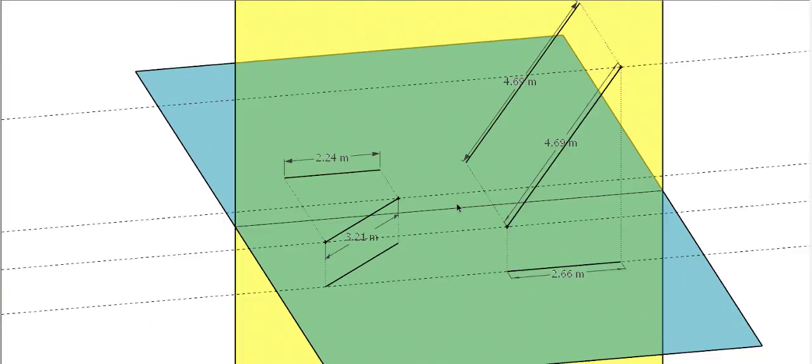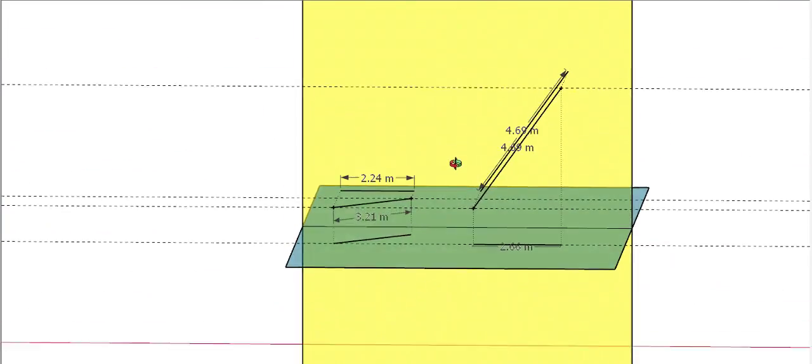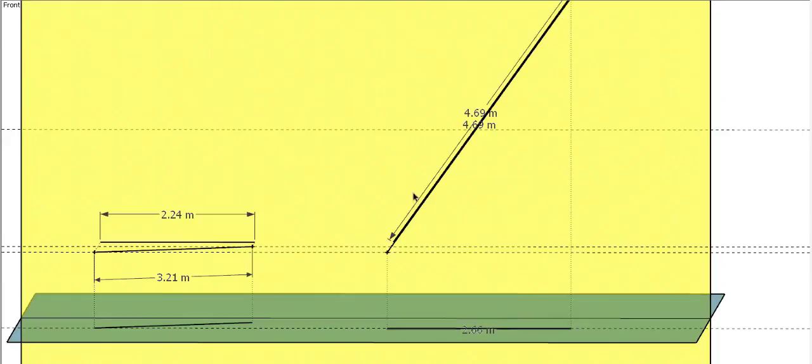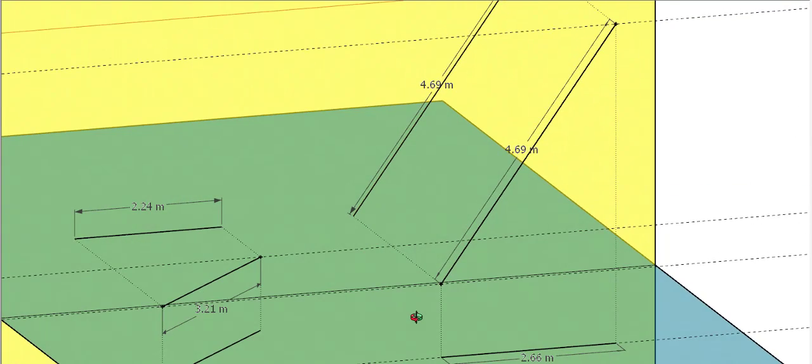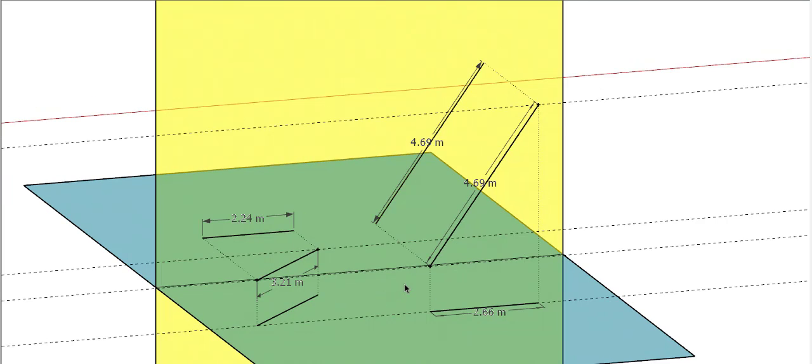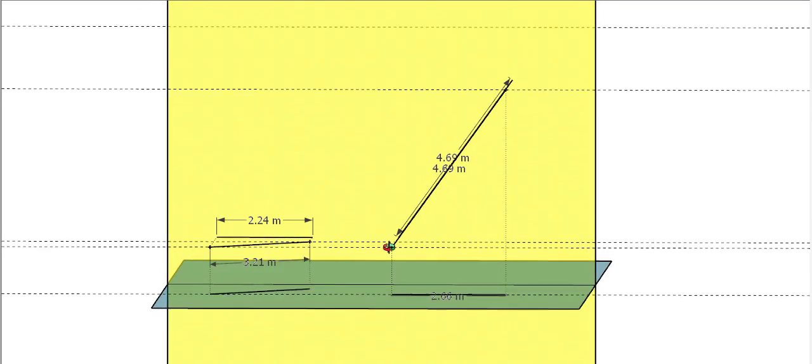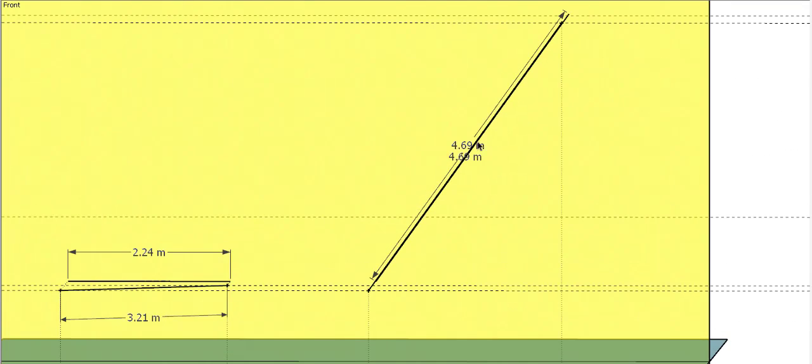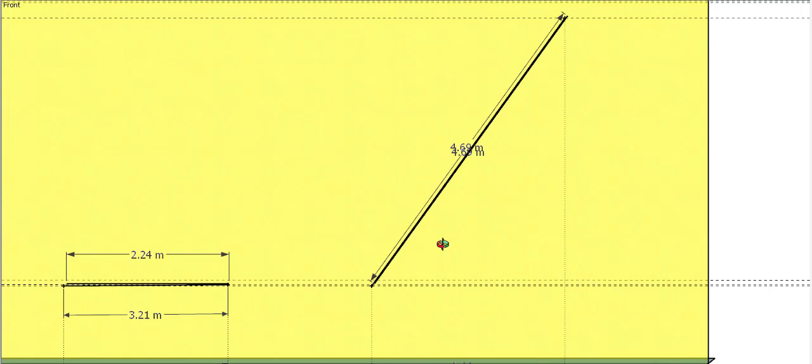In the second case, again we have this particular line, and this line is parallel to the vertical plane, whereas it is inclined to the horizontal plane. So if we are viewing from the front, we will be able to see the true length of the line, that is 4.69.